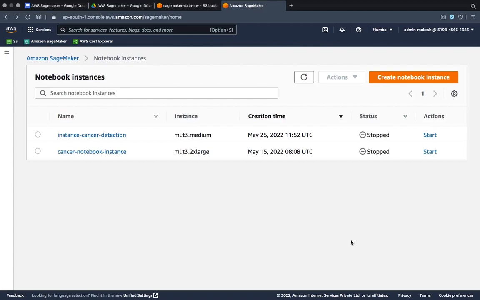Then I want to give you some points on training instances. What do I mean by training instances? These are where our training jobs execute. Those are called training instances. Training instances can report their own metrics too.